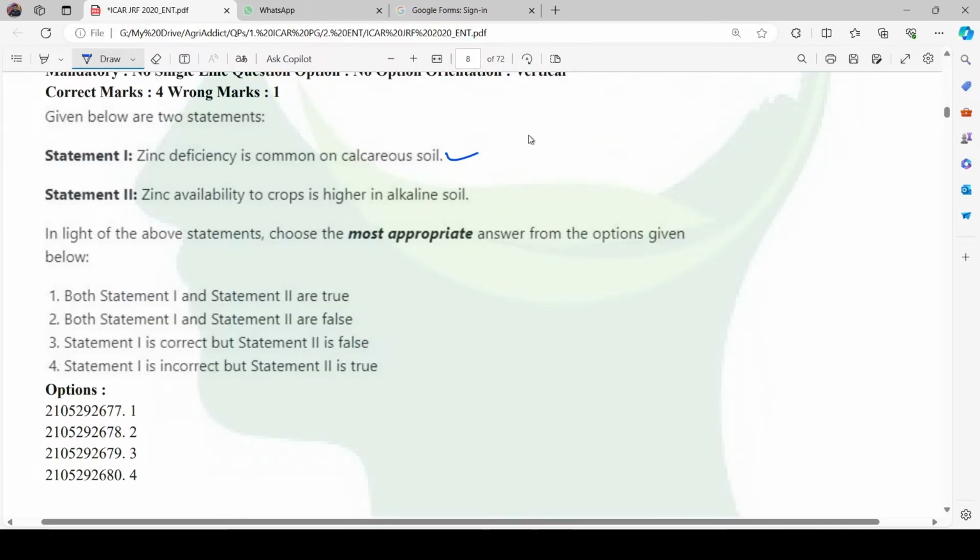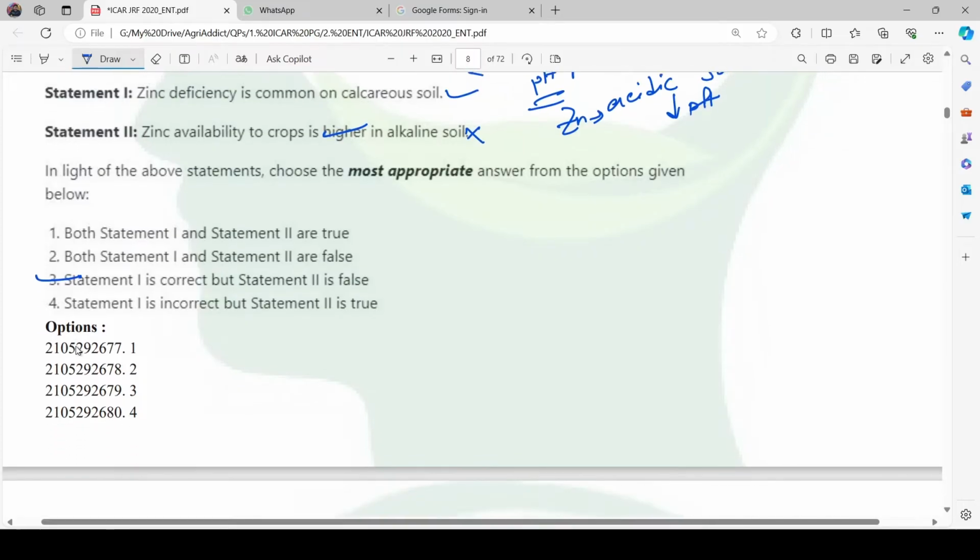Because calcareous soil is alkaline, its pH is very high, and zinc is mostly available in acidic, low pH soil. So zinc availability to crops is lower in alkaline soil, not higher. So here statement 1 is correct, but statement 2 is false.